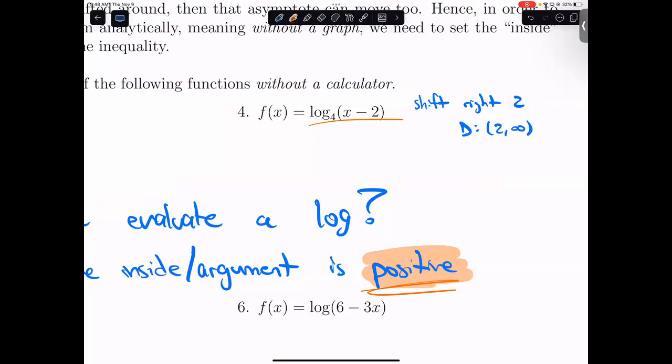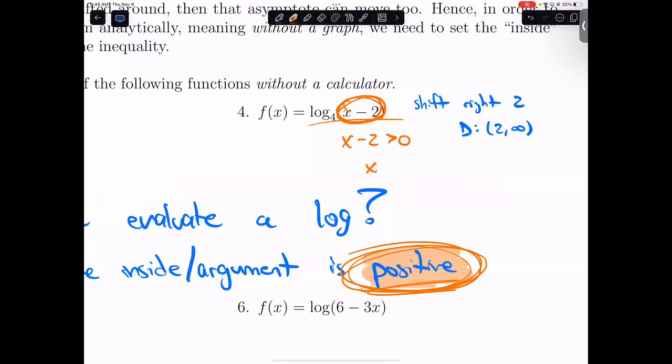Or that's the same thing I get if I solve the inequality x minus 2 greater than 0, right? That's finding where the stuff inside is positive. X bigger than 2, which is the same thing as that.